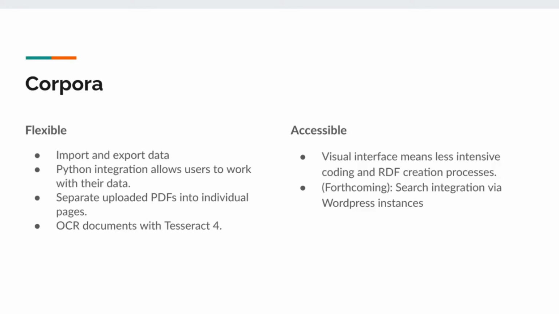And perhaps more importantly, for those who are new to DH or who have limited technical assistance through their institutions, Corpora's visual interface is a lot more accessible than many other database programs or data management systems that I've worked with in the past. We're also in the process of developing search tools that will allow Corpora's users to integrate their data into a WordPress site, making it much easier to get up and running out of the box. And this will also replace the outdated systems that currently support much of ARC.